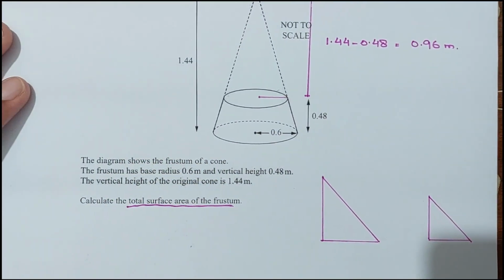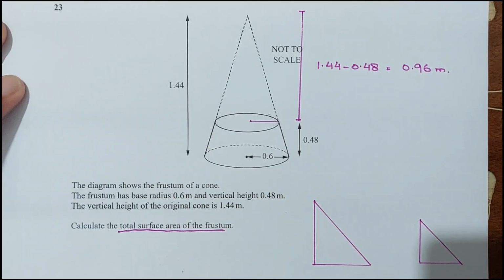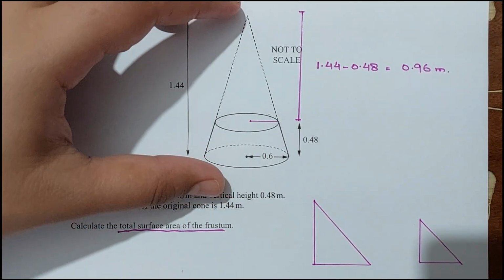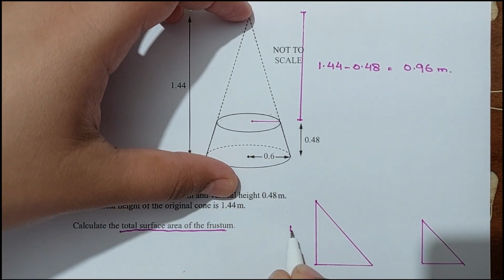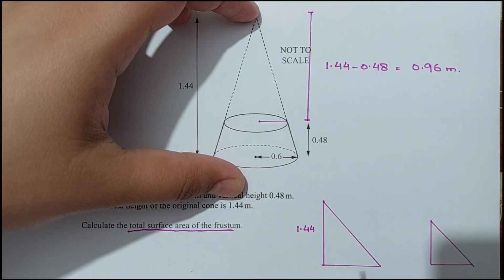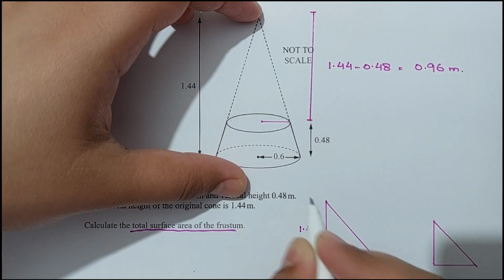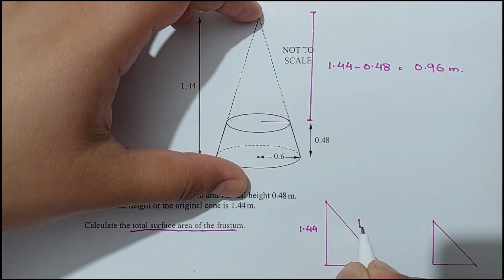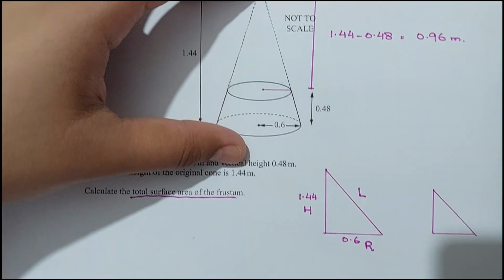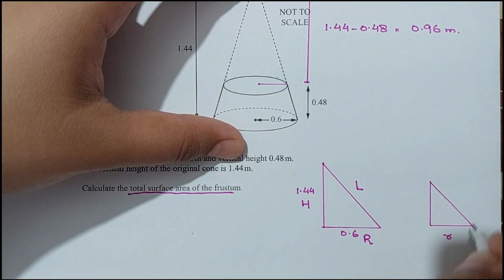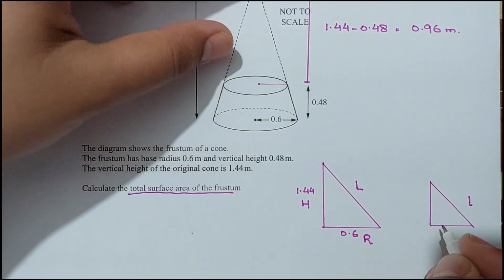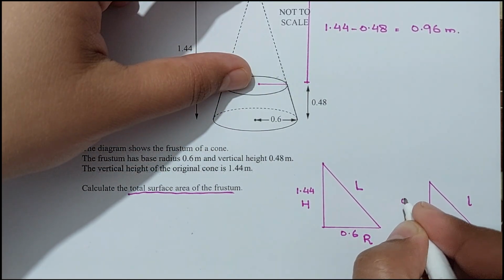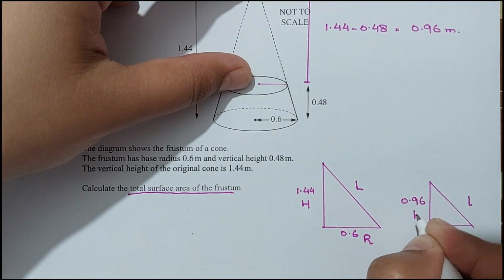This one is the larger cone, and it has a vertical height of 1.44 and the base radius is 0.6. We have to find the slant height L as well for the larger cone. This is the height and this is the radius R, right? Now for the smaller one, we don't know the radius r, we don't know the slant height l, and we have the height, which is 0.96, which is small h.